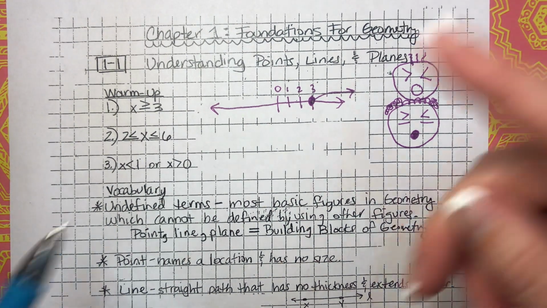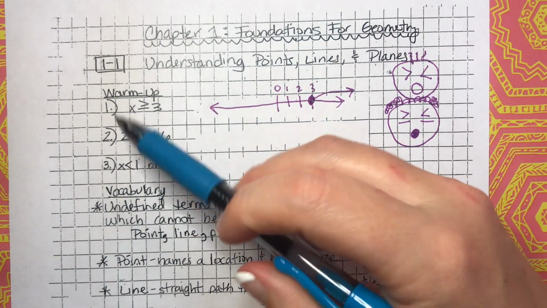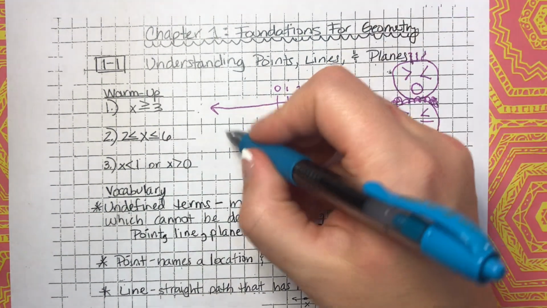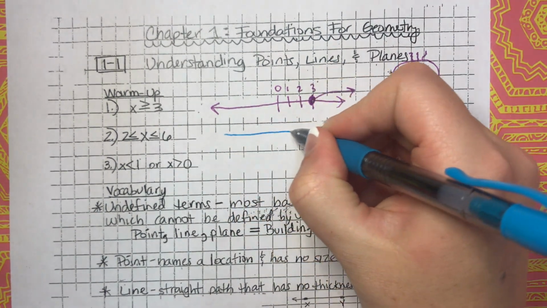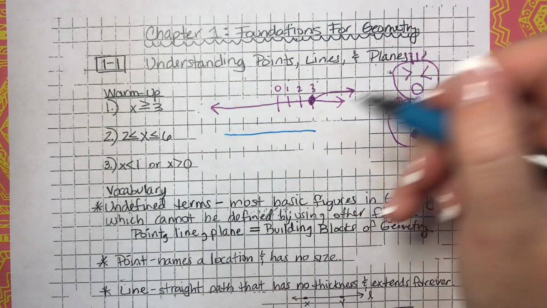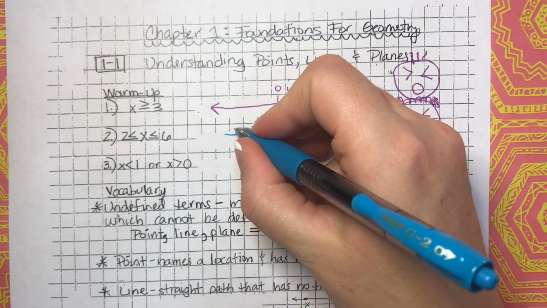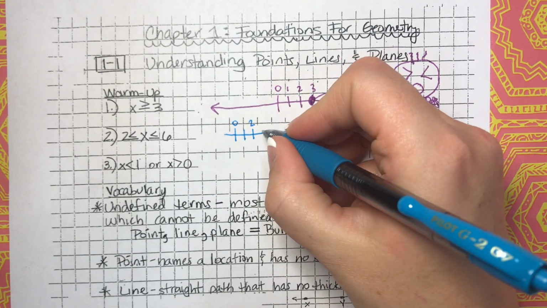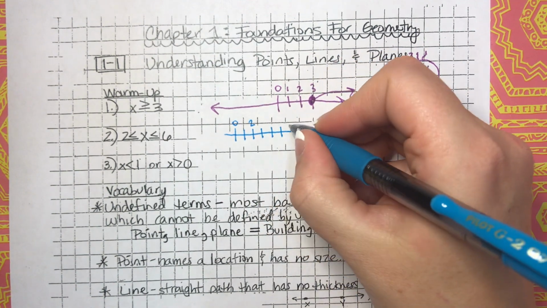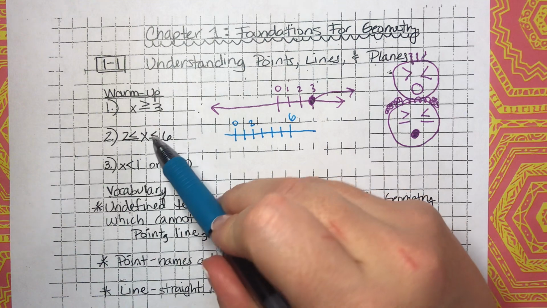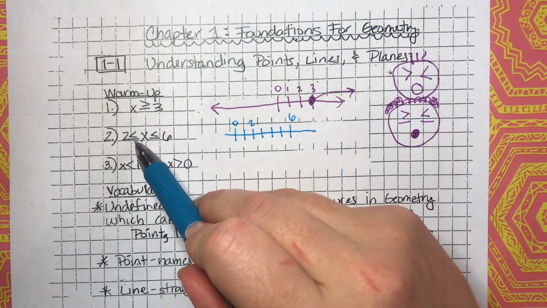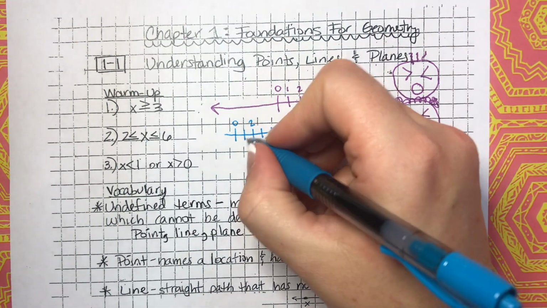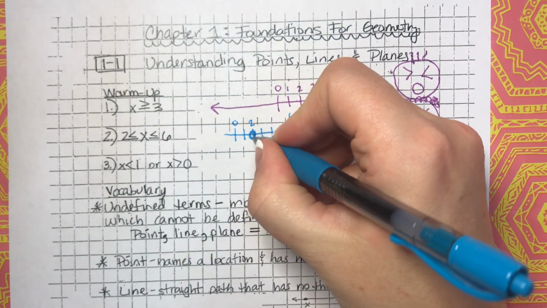So we have x is greater than or equal to 2 and less than or equal to 6. So we're going to go ahead and graph this. And this is what I like to call an AND problem. So I'm going to put 0 here, and then 1, 2, 3, 4, 5, 6. And x is greater than or equal to 2, so that's going to be our closed circle there.